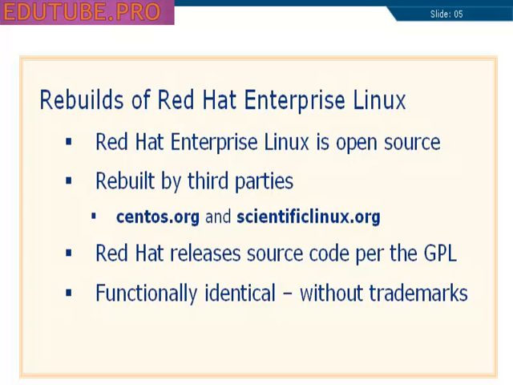So for our purposes, they're functionally identical. You can download their rebuilds from the URLs noted here. The only difference is that the rebuilds are not allowed to use Red Hat trademarks, such as the picture of the guy in the red fedora. Everything else is functionally identical for the purposes of this video and this course.